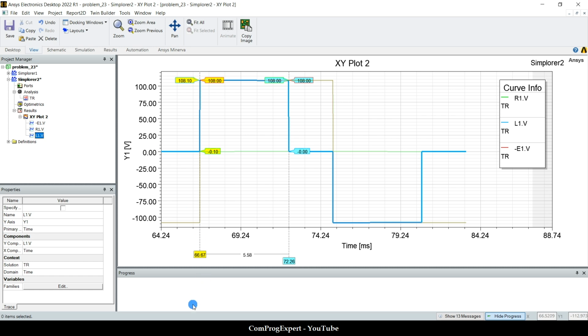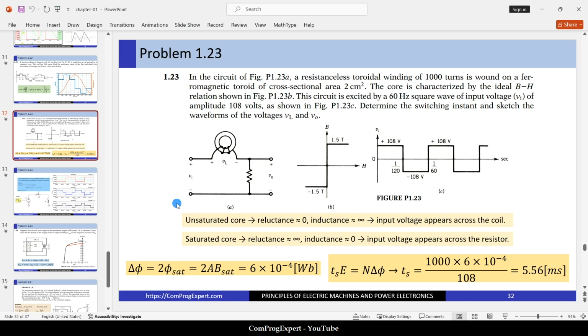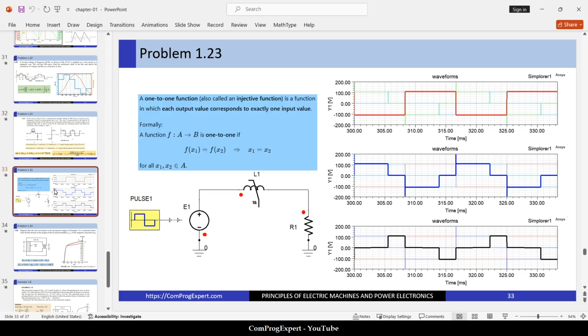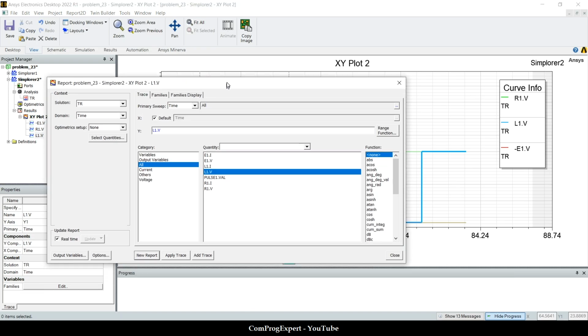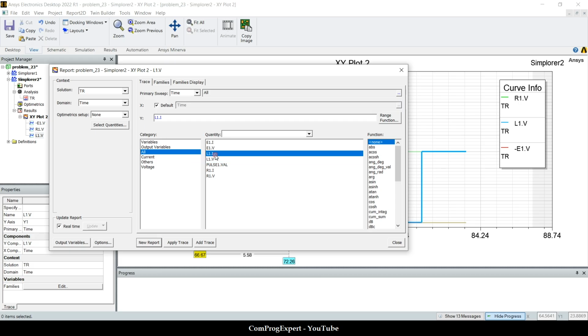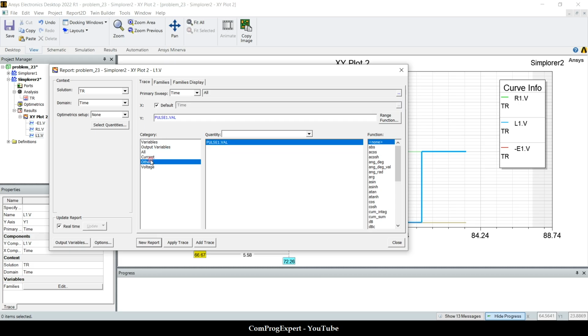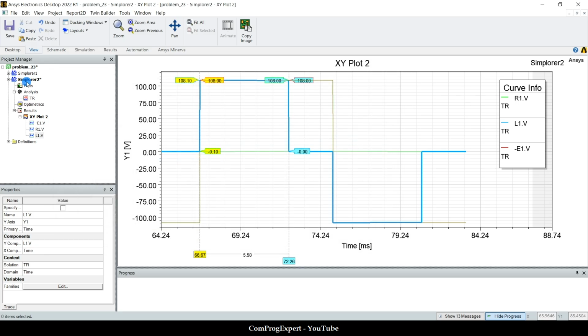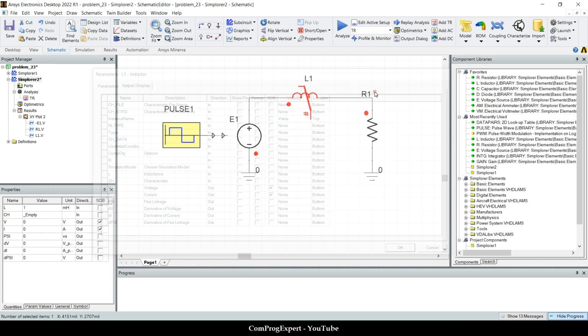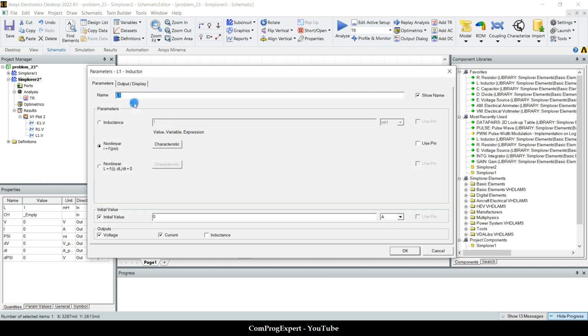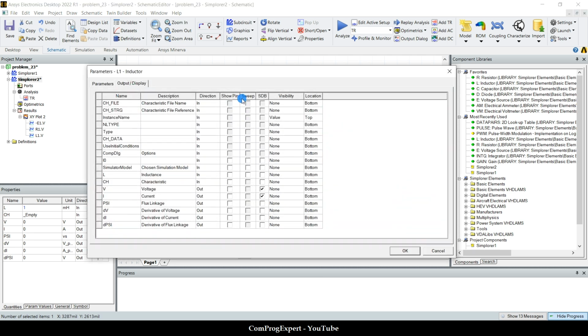So you can realize the important point of this problem, what the operating modes are, and so on. Also, you can generate this graph. You can plot the L1 flux linkage.